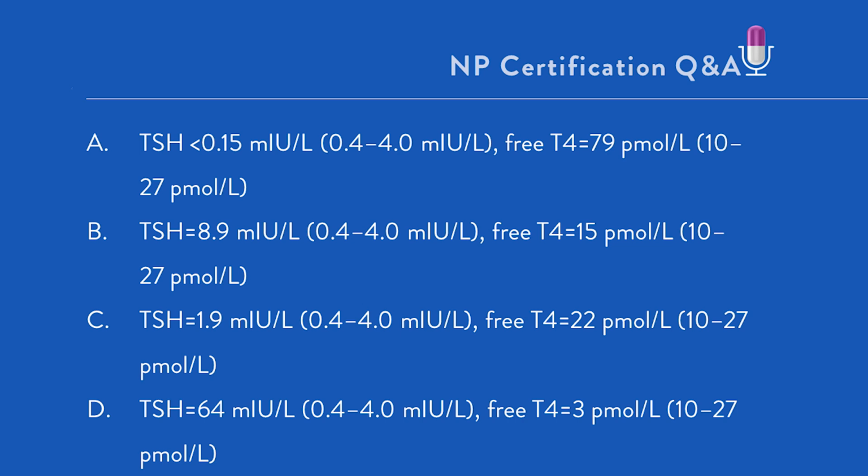C, a TSH of 1.9, with the norm again 0.4 to 4, and a free T4 of 22, with the normal range being 10 to 27. Or D, a TSH of 64, with the upper limits of normal of TSH being 4, and a free T4 of 3, where the normal range on free T4 is 10 to 27.